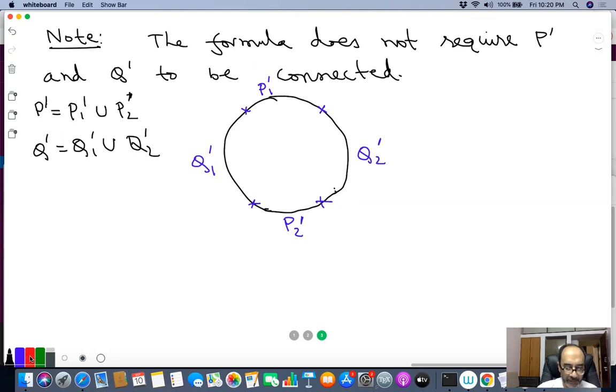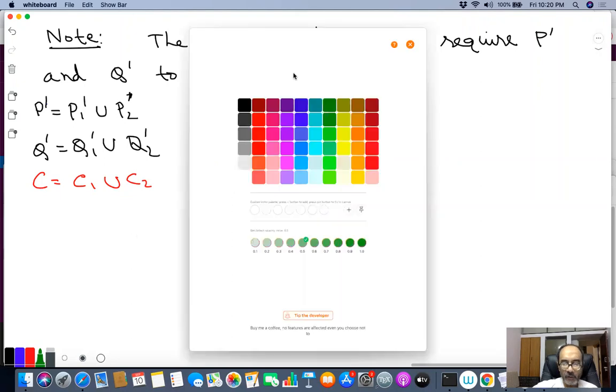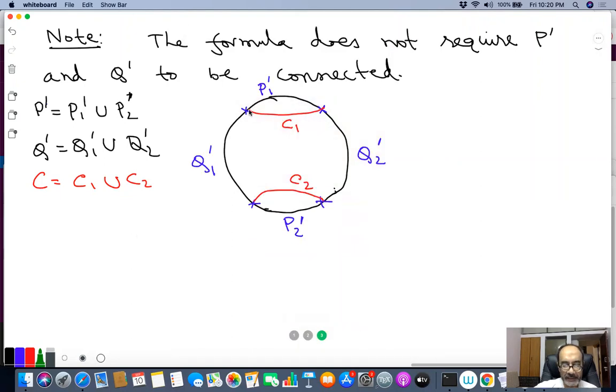The cut also doesn't have to be connected, so you can have a cut like this. Let me call it C1 and C2, and then we can have C equal to C1 union C2. Or we can have a cut like this, C1 prime and C2 prime, and C prime will be C1 prime union C2 prime.